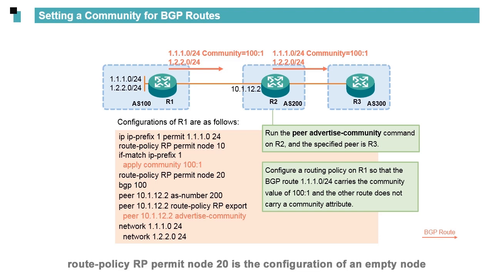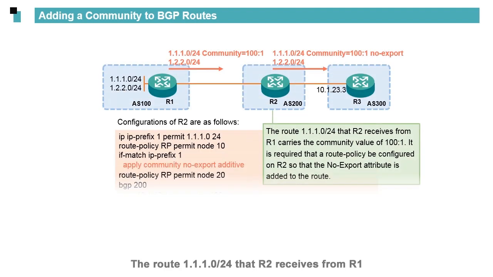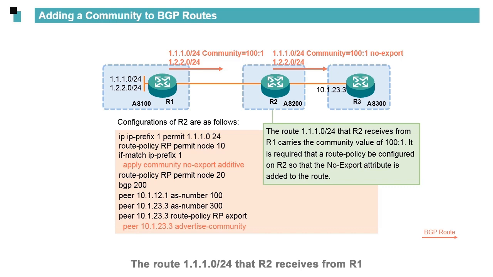In this example, route-policy RP permit node 20 is the configuration of an empty node. The route 1.1.1.0/24 that R2 receives from R1 carries the community value of 100:1.